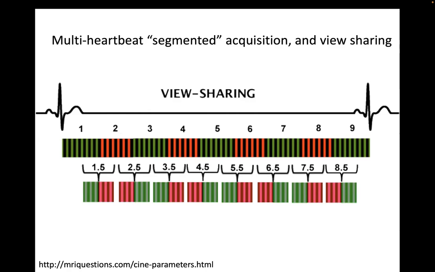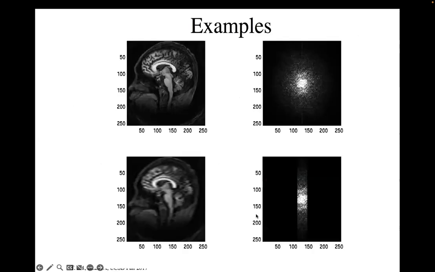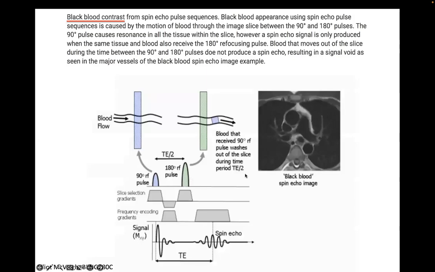Fundamentally, the temporal resolution doesn't go up by a factor of 2 when you do this, because it's view sharing, so you're smoothing between views. However, it can make the movie interpolate more smoothly. We looked at that example.